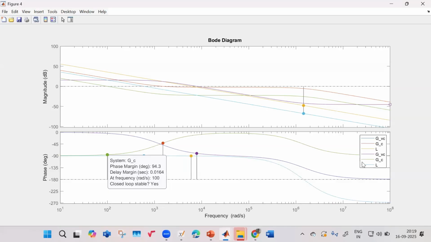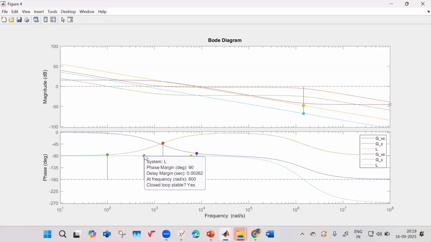What is your loop? Is this blue one L? That has further reduced. So the phase margin is 60, but the frequency has reduced further. It has become 600. Accordingly, you can change it, and as per Sir's criteria and formulas, you can get the exact omega C and exact phase margin. You can also try that.